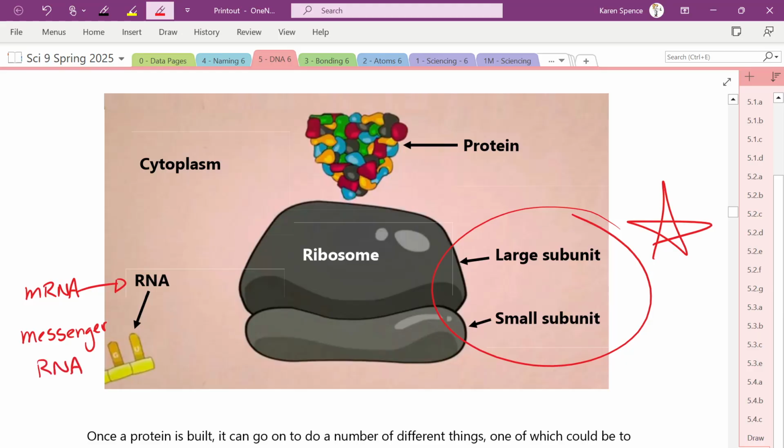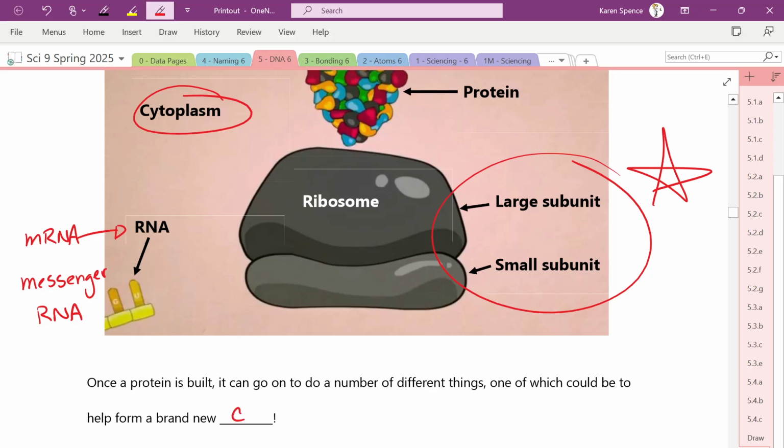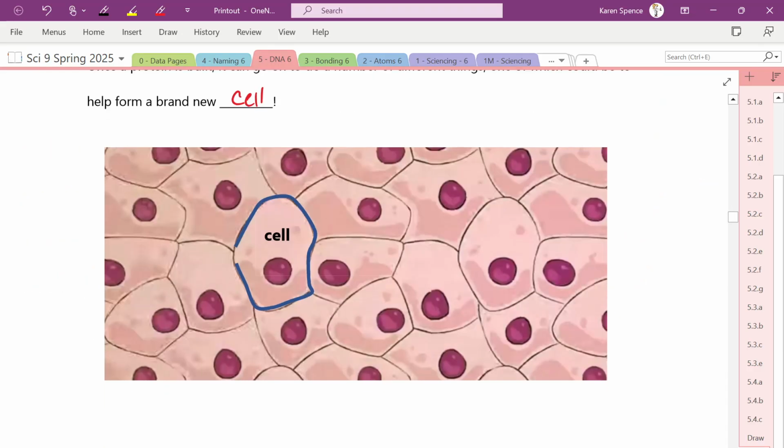So all of this is happening out in the cytoplasm. And there we have our perfectly formed protein. It can go on to do a number of things, one of which could be to help form a brand new cell.